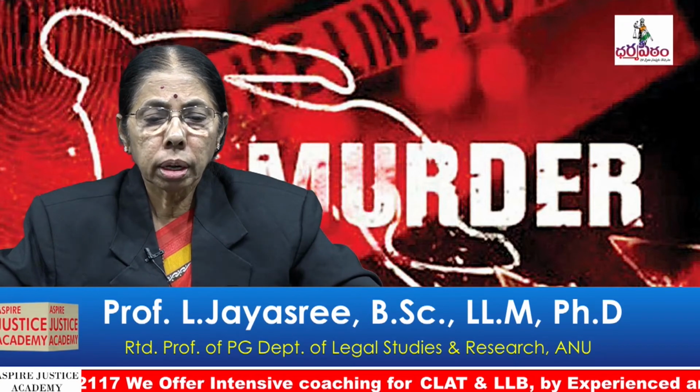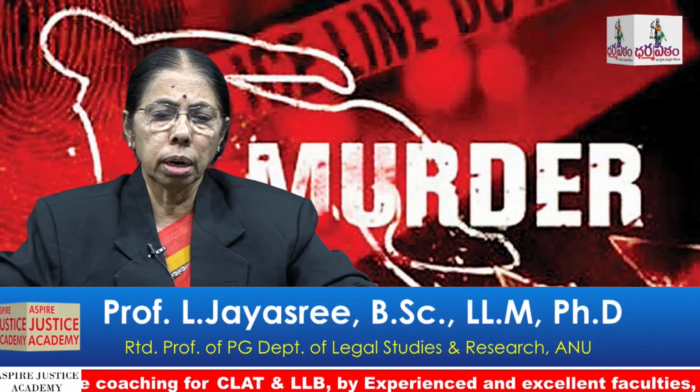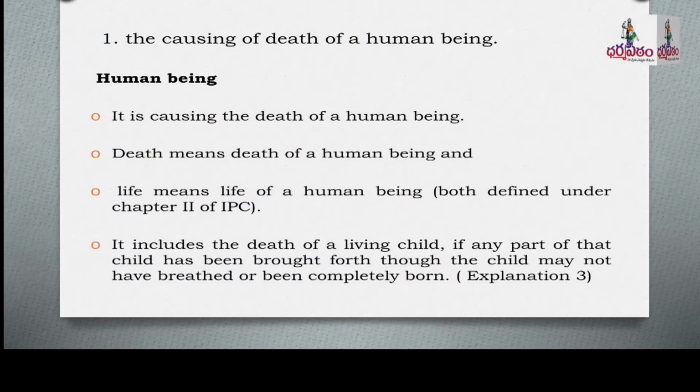And causing the death of a human being. Now the question is, who is a human being? Explanation 3 has to be read here. What is explanation 3? It includes the death of a living child when any part of that child has been brought forth, or any part of the child has emerged from the womb of the mother.